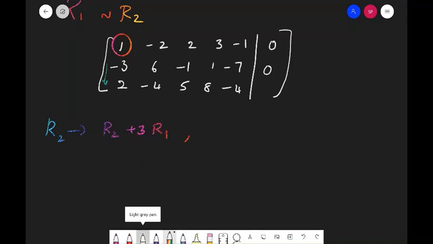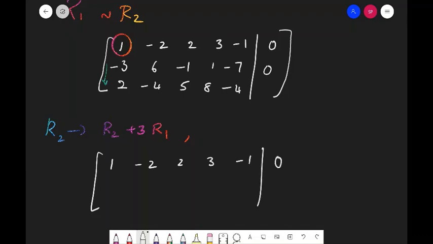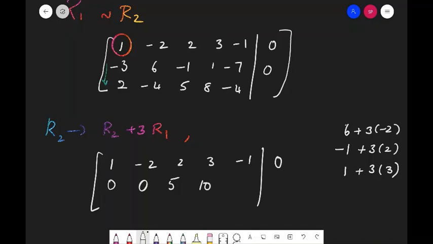So let us see what happens. 1 -2 2 3 -1 0, and -3 plus 3, so R2 plus 3 R1 will be 0, and 6 plus 3 into -2 is also 0, and then -1 plus 3 times 2, that is -1 plus 6, which is 5, and then 1 plus 3 times 3, which will give us 10, and the last one anyway it will be 0.